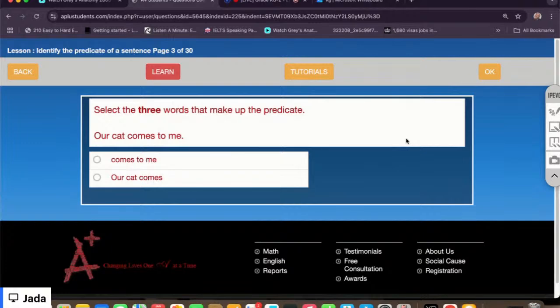Then, our cat comes to me. Our cat comes to me. What are the words that make up the predicate?